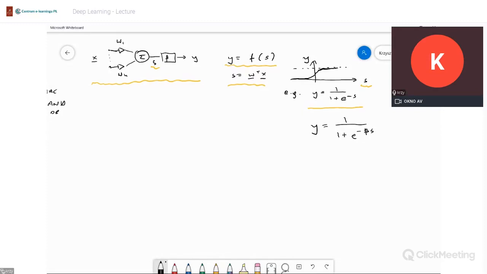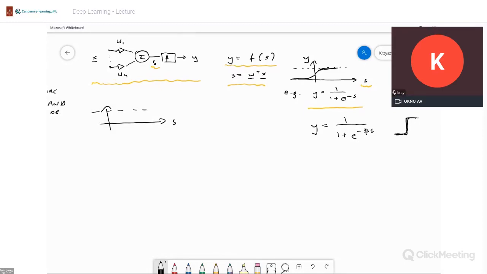If I increase beta, then my sigmoid function becomes steeper and steeper. And at some limit, I might get a step function as a nonlinearity. A neuron with a step function is also a possible form of an activation function for a neuron.